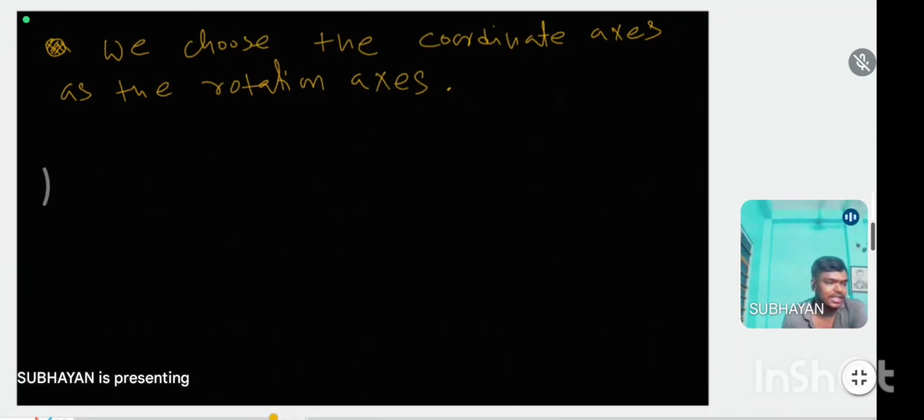So x axis, y axis, z axis, three orthogonal rotational axes you may consider. So, under rotation about z axis with an angle theta, okay, and already we have found this one.